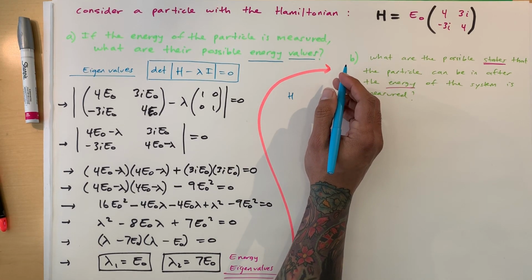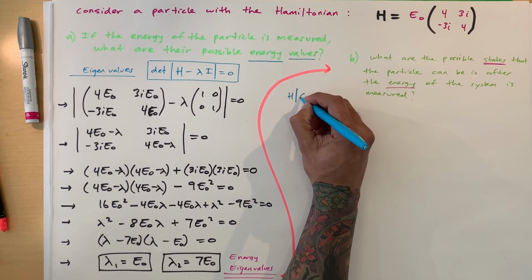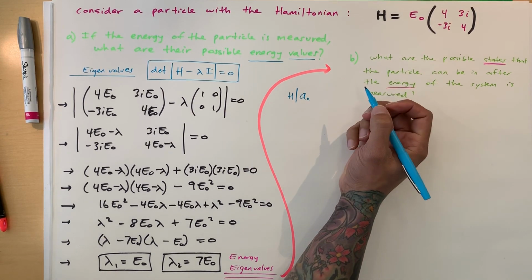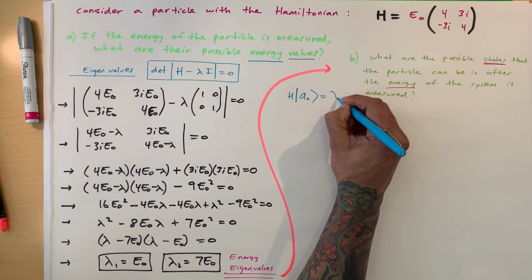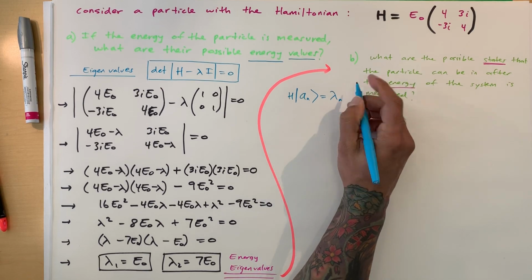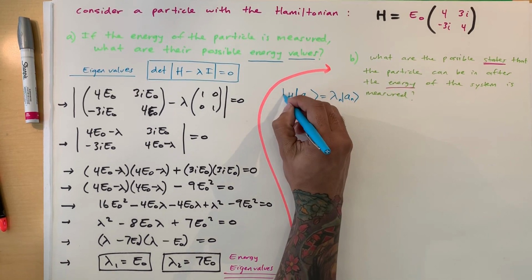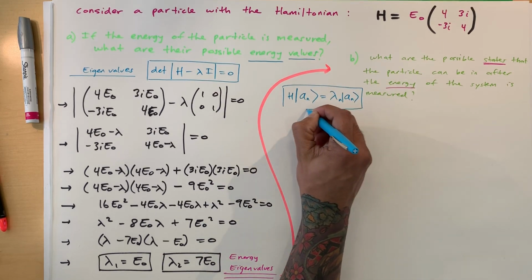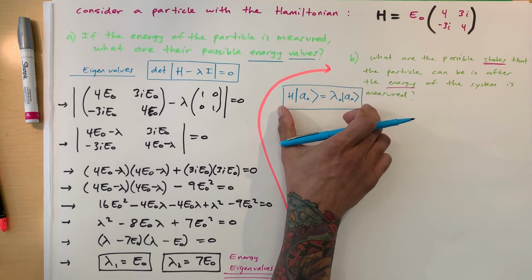So we have H, and we have some eigenvector, right? And then we have lambda n, and then the same eigenvector. So this is how we find eigenvectors, or the eigenvector equation right here.